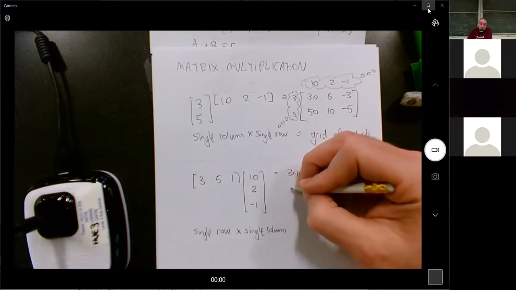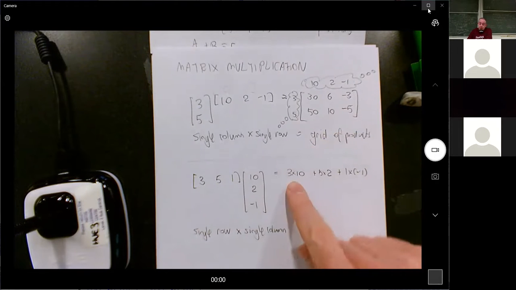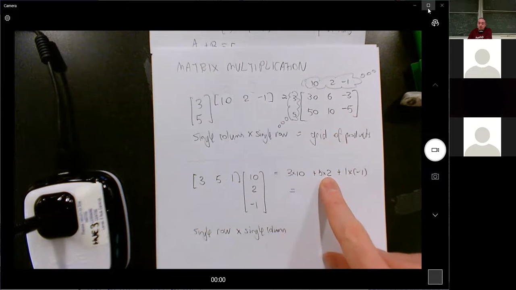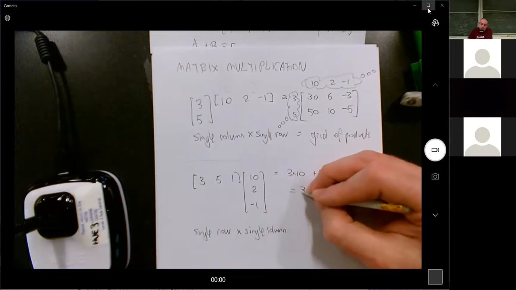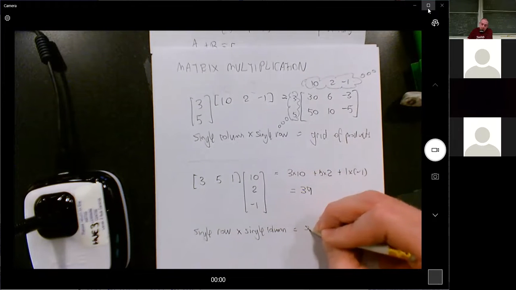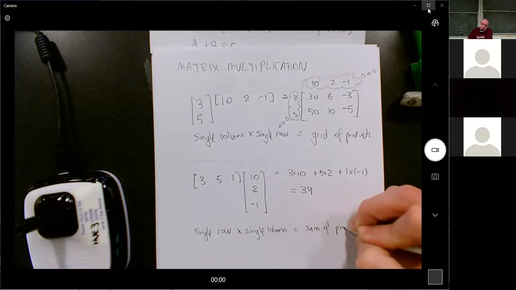And so what you end up with is a single number, 30 plus 10, which is 40, minus 1, so 39. So you get a sum of products.